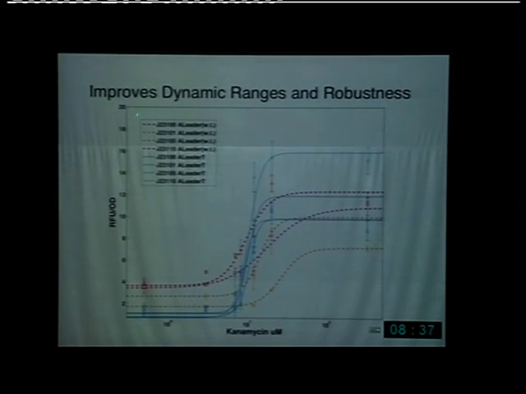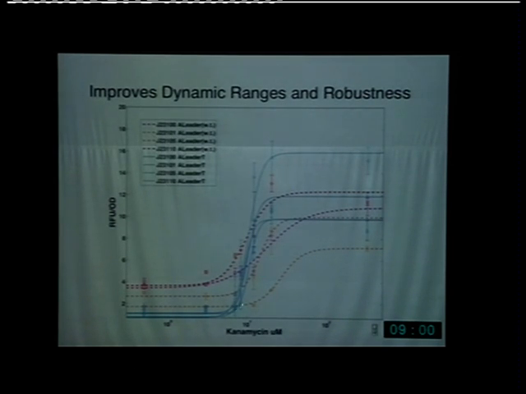Then let's measure the dynamic range and robustness. In this figure, the black line is the original riboswitch under different promoters. We'll see, okay, its dynamic range is very small, and with different promoters, it performed very differently.